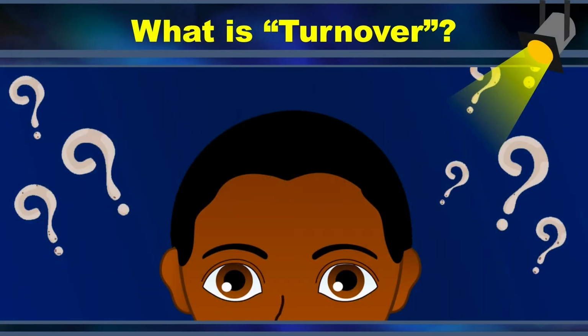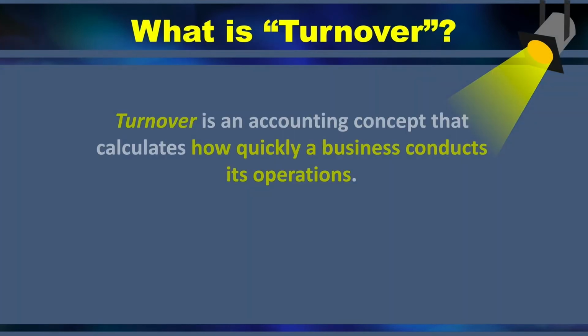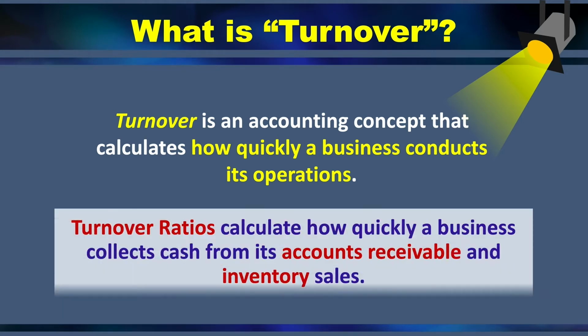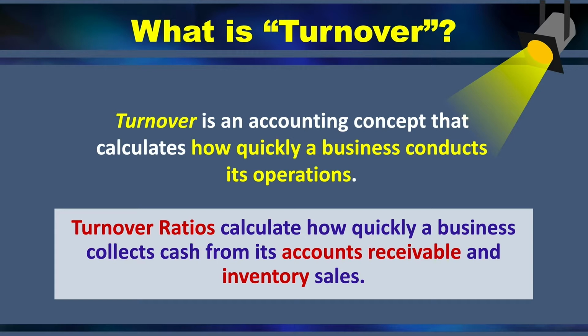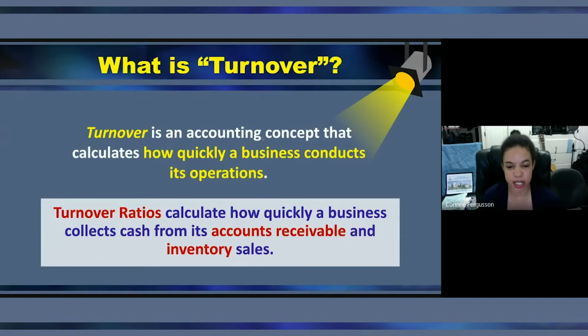But what is turnover? Turnover is an accounting concept that calculates how quickly a business conducts its operations. So the turnover ratios that we are going to learn how to calculate measure how quickly a business collects cash from its accounts receivables, and they also calculate the inventory sales.